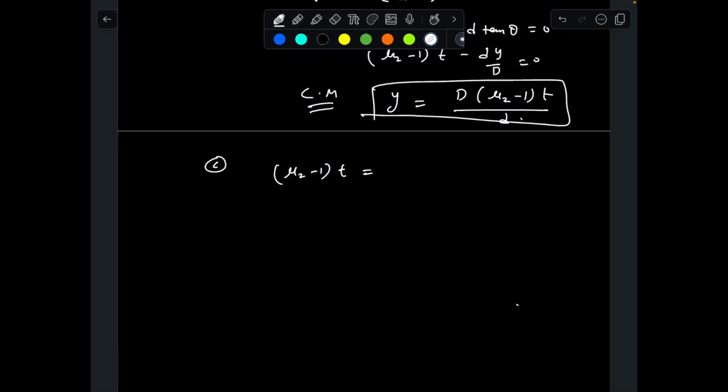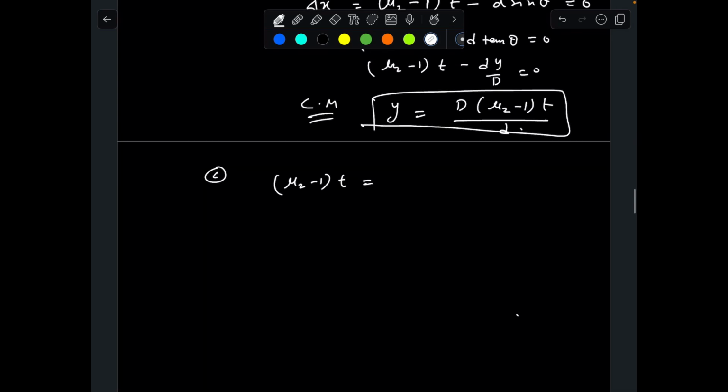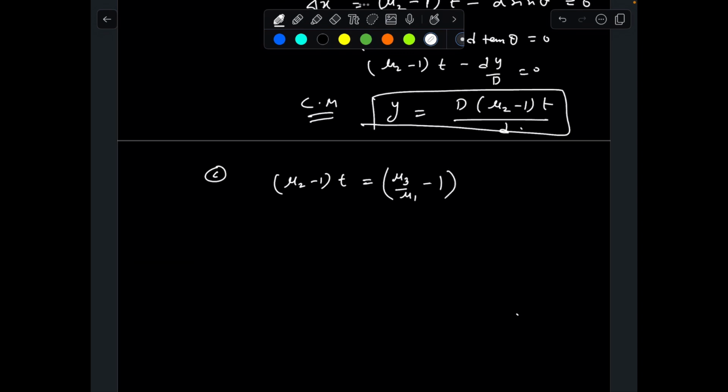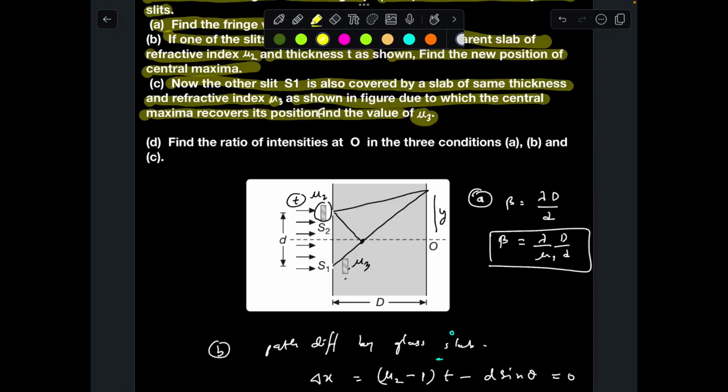Path difference introduced by mu3: mu3 is inside water, so I can write (mu3 by mu1 minus 1) into t. If these are equal, then the net path difference will be 0. So mu2 should be equal to mu3 by mu1. From here, mu1 into mu2 equals mu3.